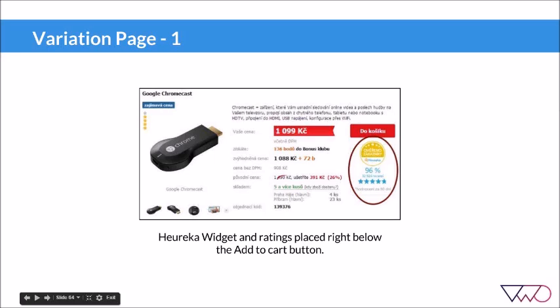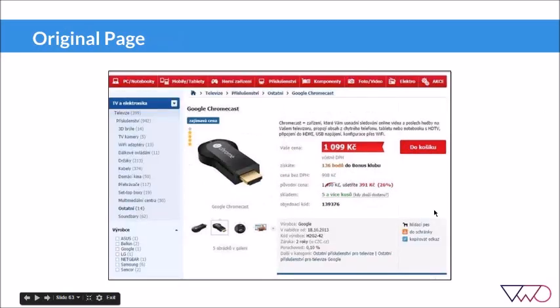So this is what the original page looks like. Let me just quickly show you one of the variations. This over here is the Heureka widget and the ratings right below the add to cart button. As you'll see in the control, the area under the add to cart button is completely clean.